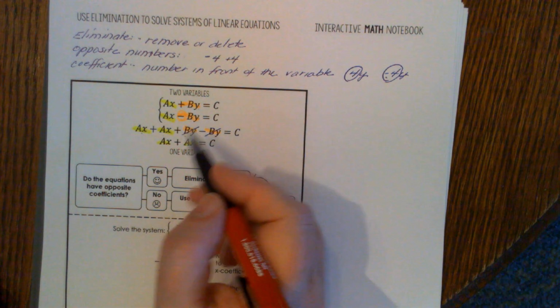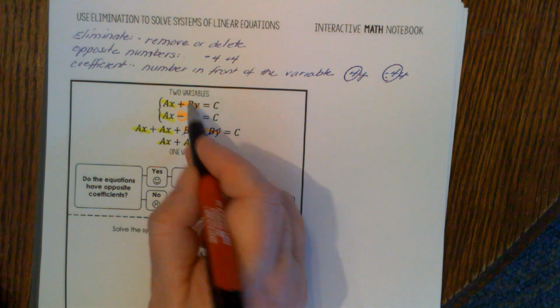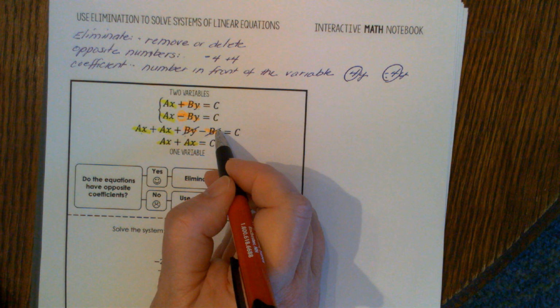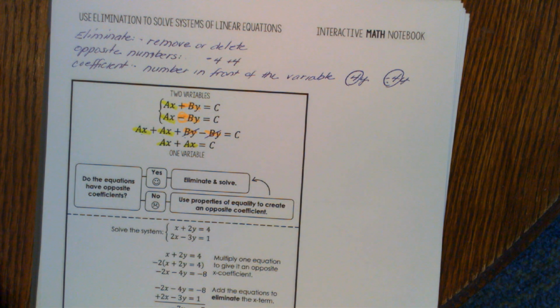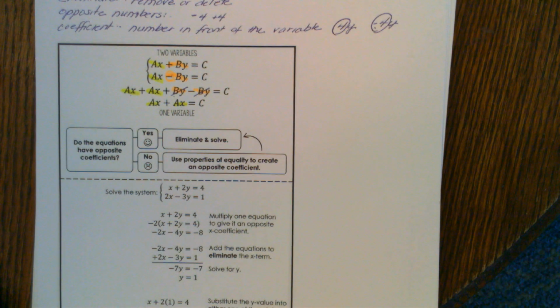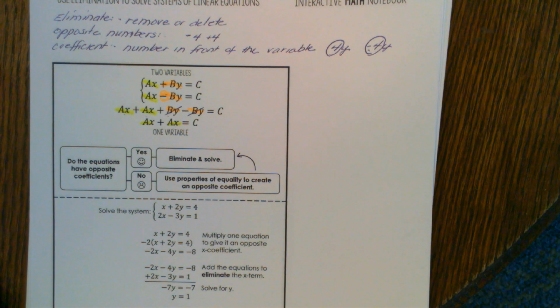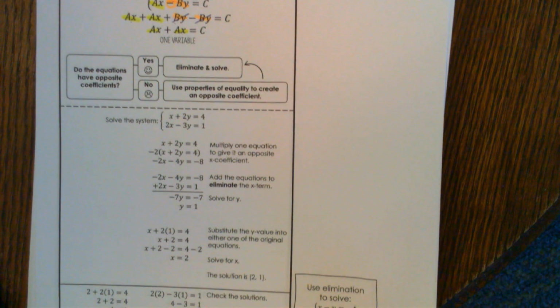So do the operations have opposite coefficients? They did here. Okay, so we eliminated and we solved. If they don't, like we're going to see below here, if you need to pause it to get your information, go ahead and then restart, and we'll be moving on to the next part.